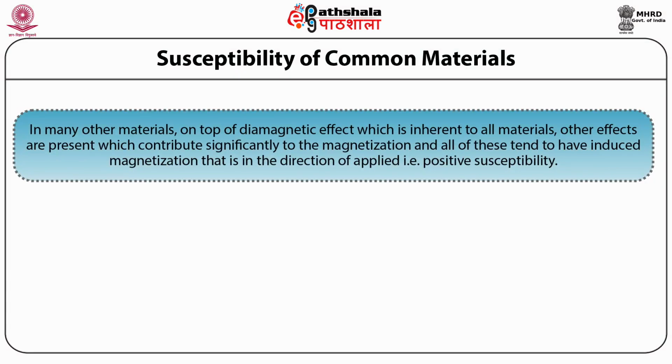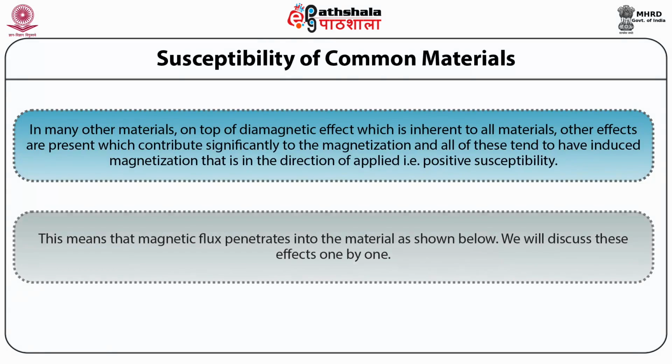In many other materials, on top of the diamagnetic effect, which is inherent to all the materials, other effects are present which contribute significantly to the magnetization, and all of these tend to have induced magnetization in the direction of applied magnetic field, they exhibit the positive susceptibility. This means that magnetic flux penetrates into the material. Now we will discuss these effects one by one.